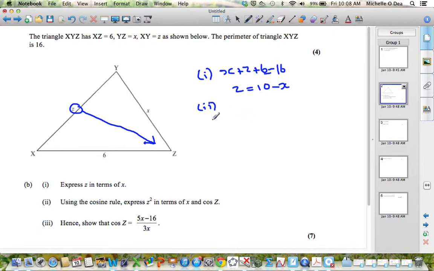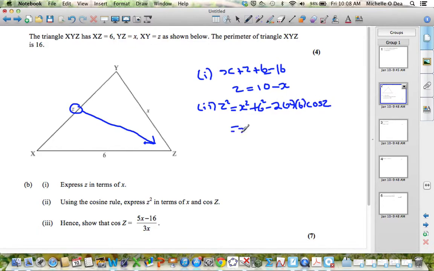And so we have z squared equals, and then the other two sides that form the angle, remember, because I need a sandwich, x squared plus 6 squared minus 2 times x times 6 times cos z.